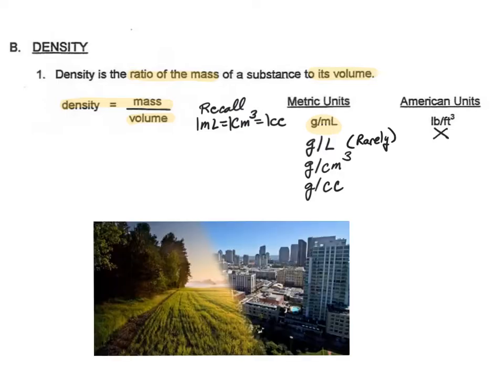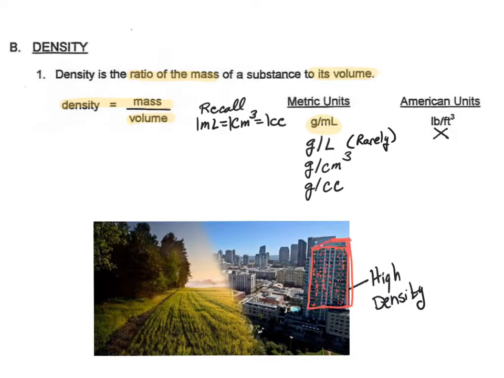This relationship is similar to the way that we think of population density. So you might say that in an urban area, like in the city, we have a high density of people. There's a lot of people in the volume of that city. Normally we think of it as an area, but recall that in big cities like LA and New York, they have tall buildings.